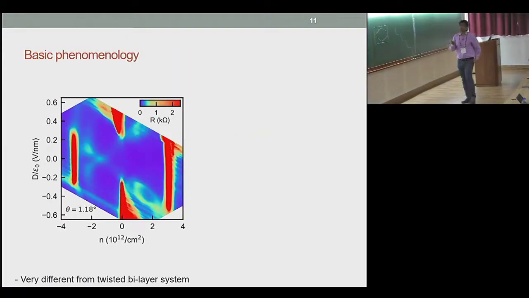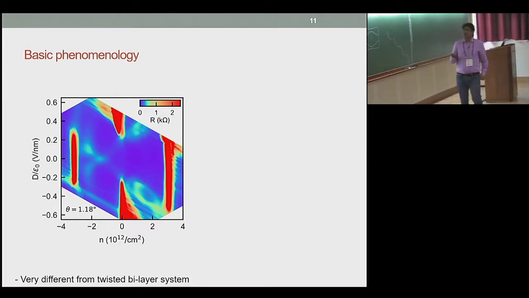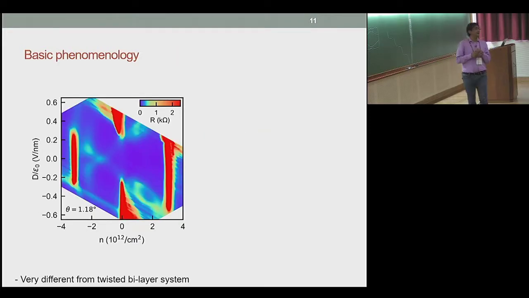So this is our system. This is what I get if I measure the resistance of the system as a function of density and electric field. In the device that I showed you, there are two gates. They allow us to apply independent control of density and perpendicular electric field.